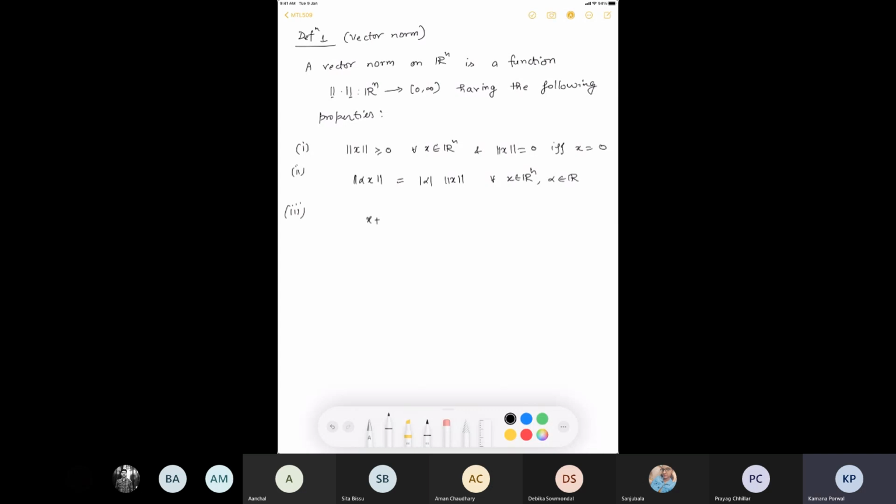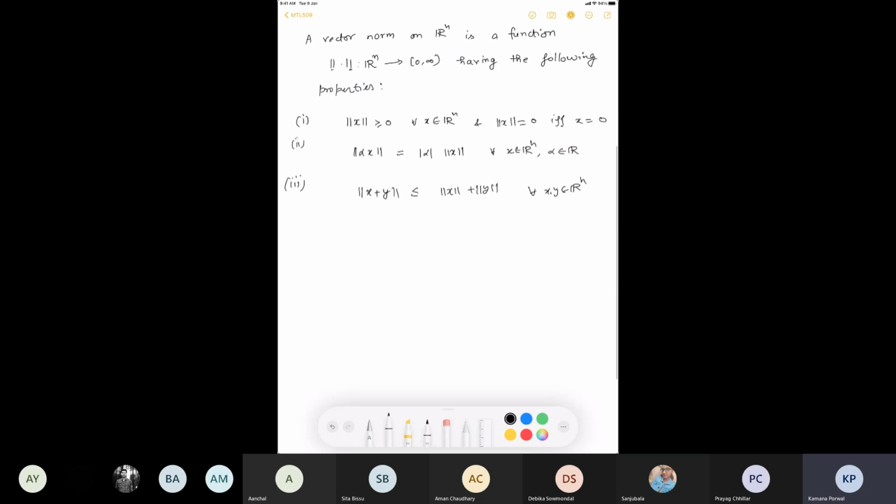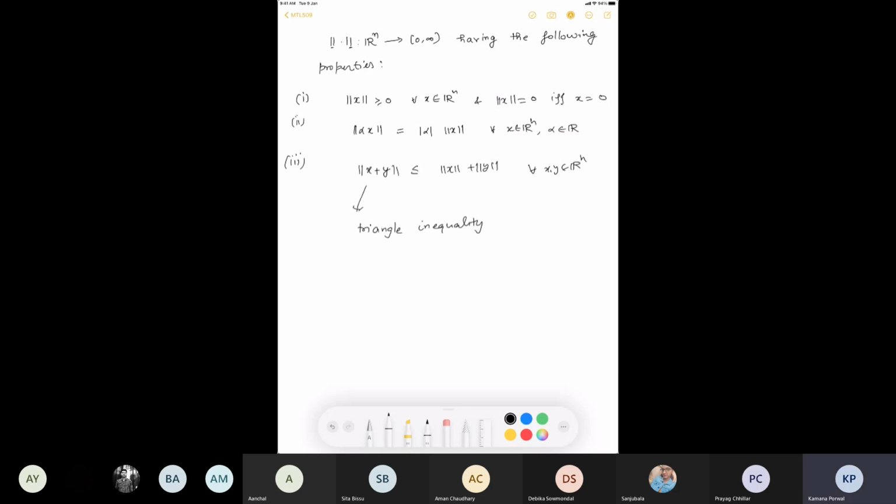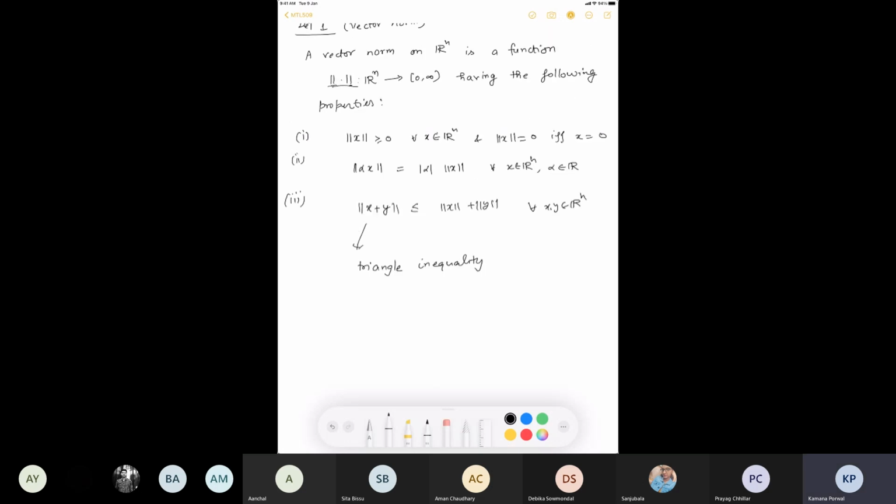That is, if we talk about the sum of two vectors, the norm of that has to be less than or equal to the norm of x plus the norm of y. This property is called the triangle inequality. A function which satisfies all these three properties, we call a norm on Rn.